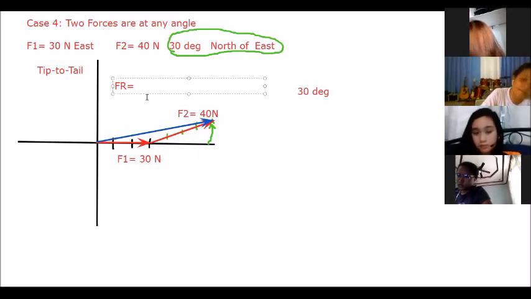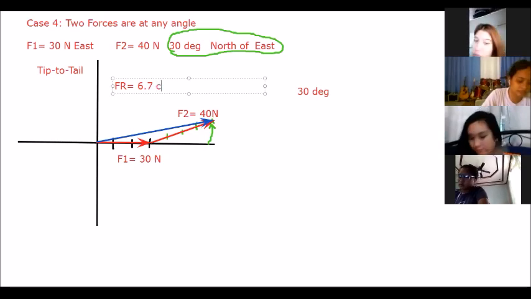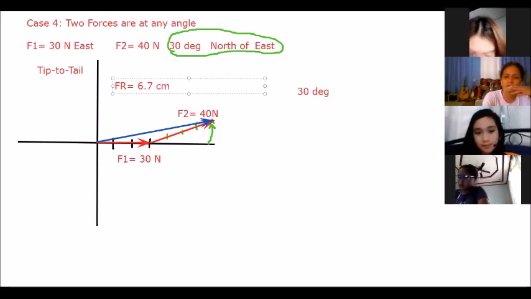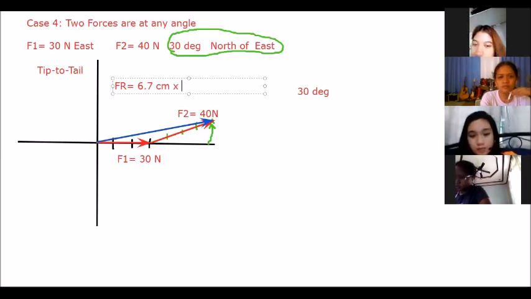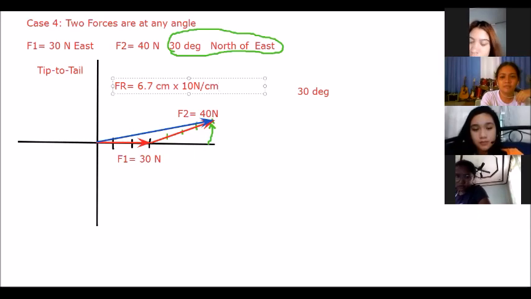How many got 6.7 centimeters? Okay, so 6.7 times 10, 67 newtons per centimeter. So therefore, our answer is 67 newtons. At what angle?